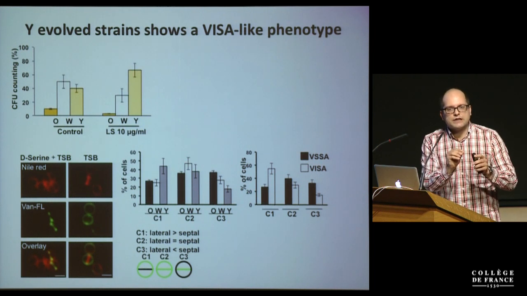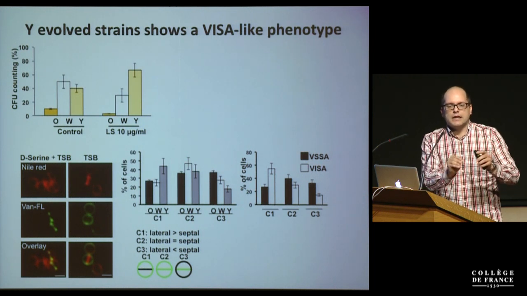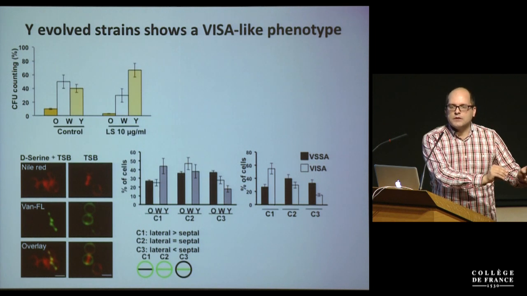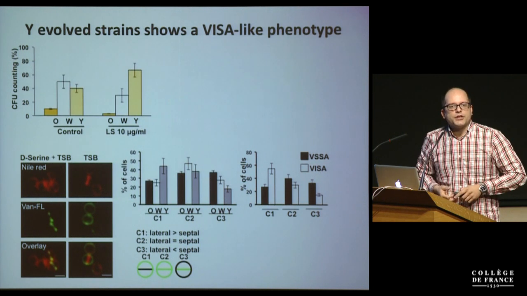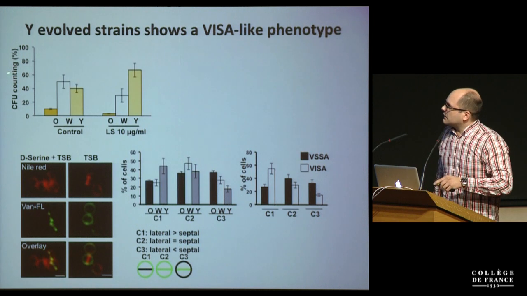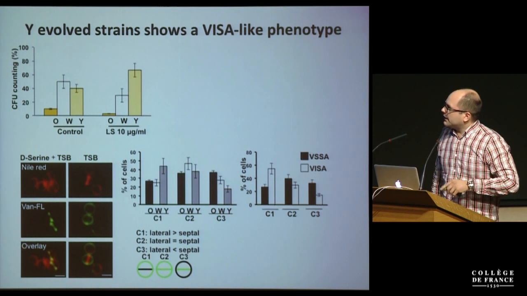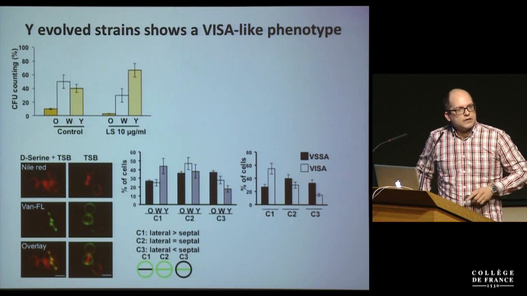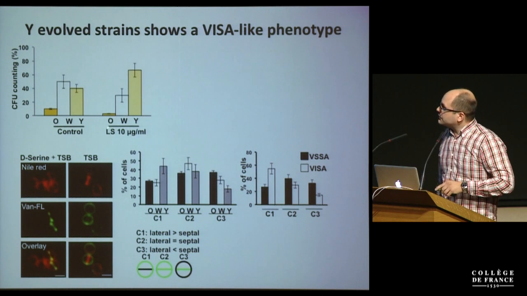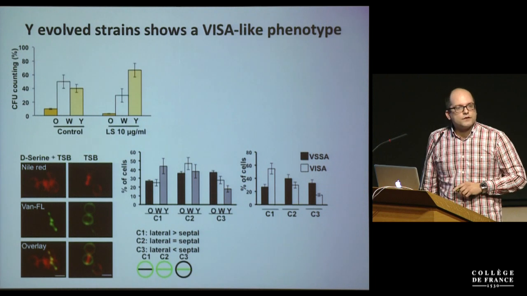We treat them with a very mild treatment of lysostaphin, and then we plate them in TSB medium and count colony-forming units. This is the number of colony-forming units that we have on average in the flower. And when we treat them with lysostaphin and plate them, this is the average of the colony-forming units.